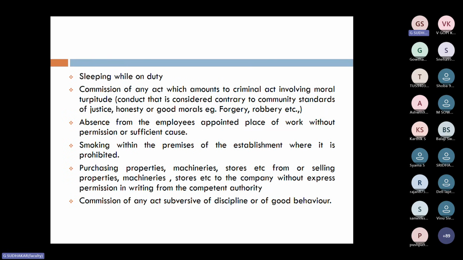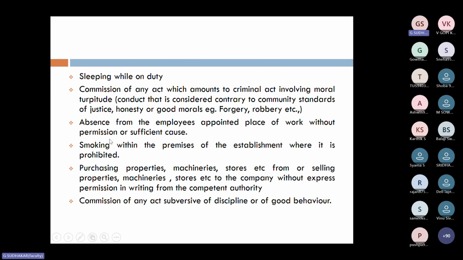In case of absence from headquarters, you have to intimate your superior. If you are an officer, inform your in charge. If you are working in a regional office, inform your CRM or DGM that I will not be available in headquarters from this date to this date. This conduct is also very important. Smoking within premises of the establishment where it is prohibited.